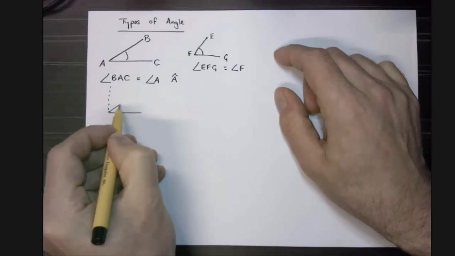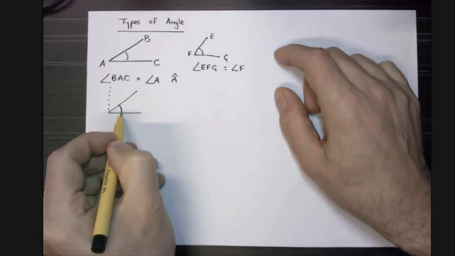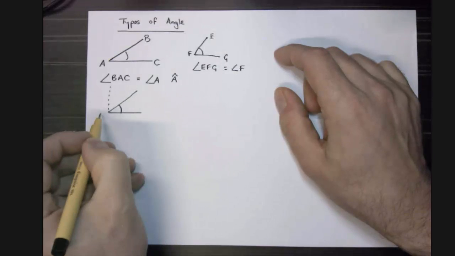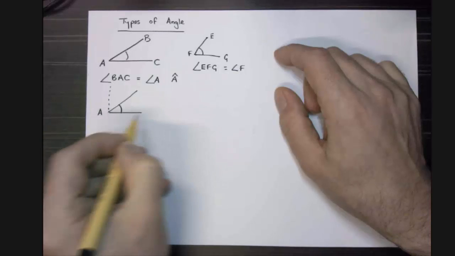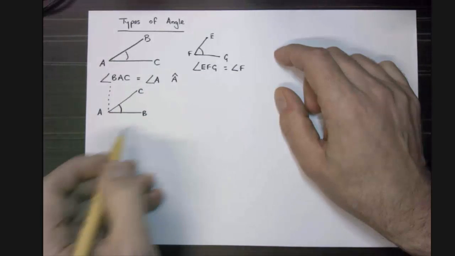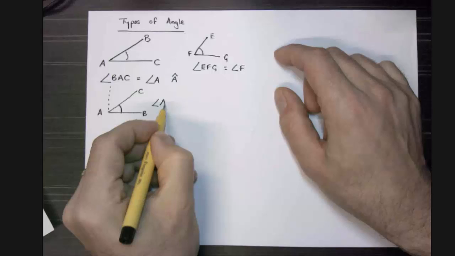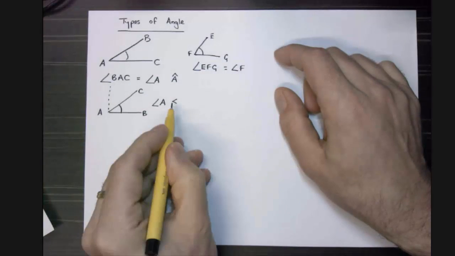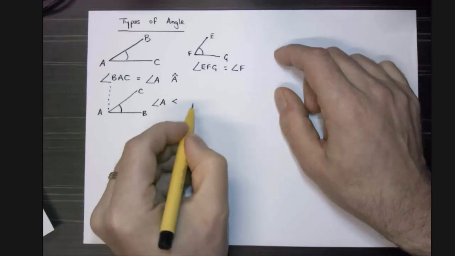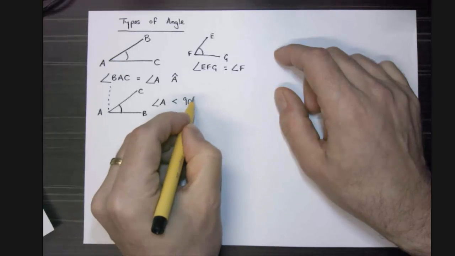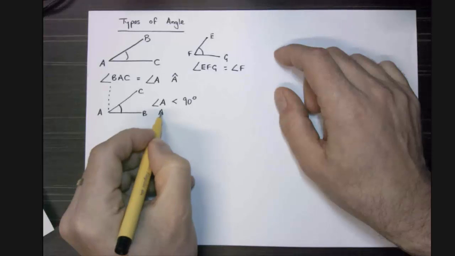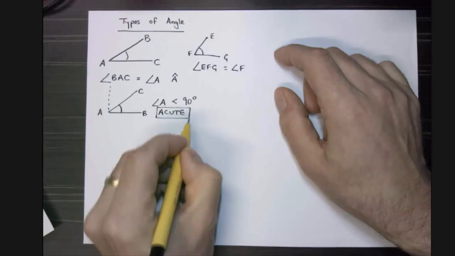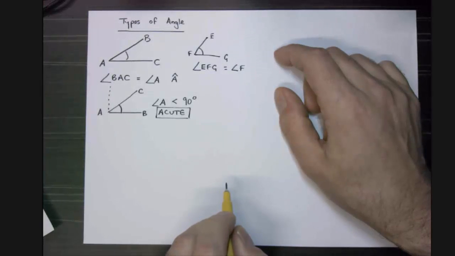If we've got an angle that's made and the angle is less than 90 degrees, then the angle, let's call this angle A each time, so there's A, B, C. We say angle A is less than, that's the less than sign with the pointy bit on the left, less than 90 degrees. There's a special name for that, and that's called acute. It's an acute angle.